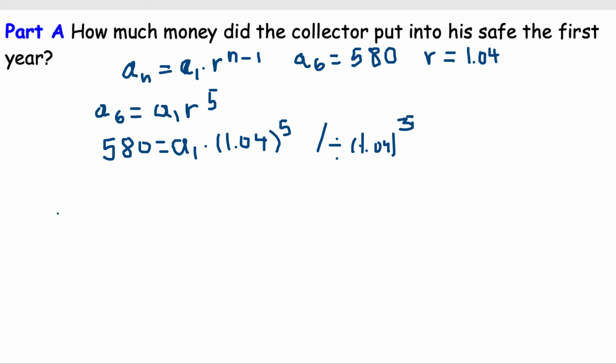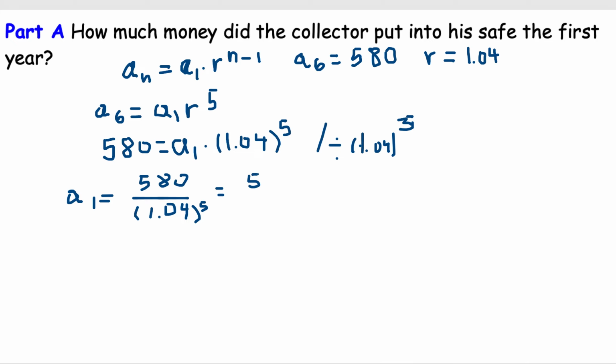So A1 is equal to 580 divided by 1.04 in exponent 5, and we can get values now.